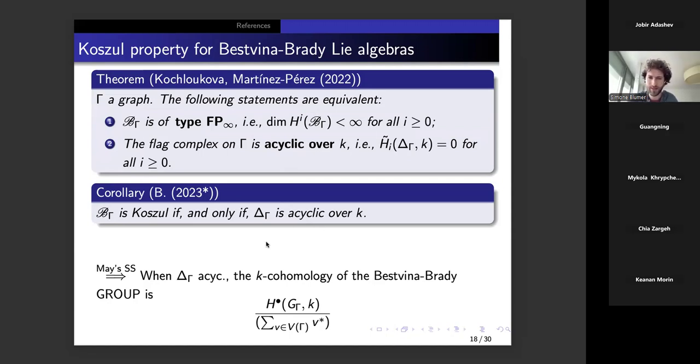By the way, this argument can be used to compute the K cohomology, for some field K, of the Bestvina-Brady group of the graph. And this can be done by using the May spectral sequence, which relates the cohomology of a group with the cohomology of some of its associated Lie algebras.